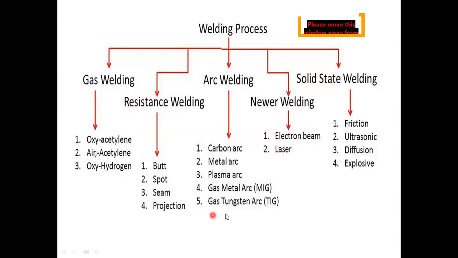This is all coming under fusion type welding. And this is solid state welding, which comes under pressure welding, where pressure is used. This includes friction, ultrasonic, diffusion, and explosive welding.